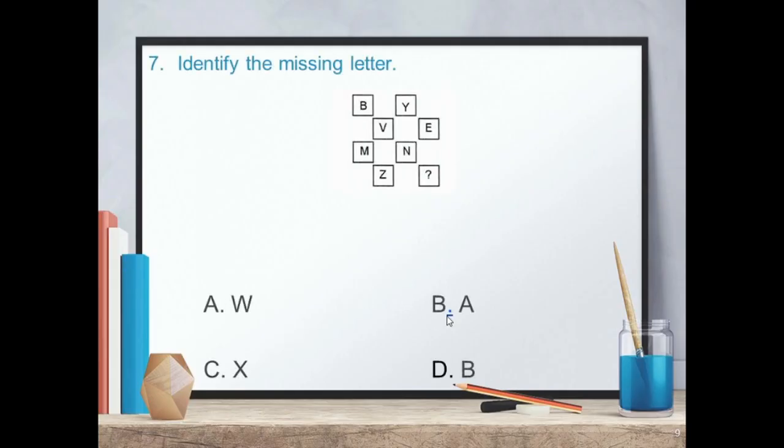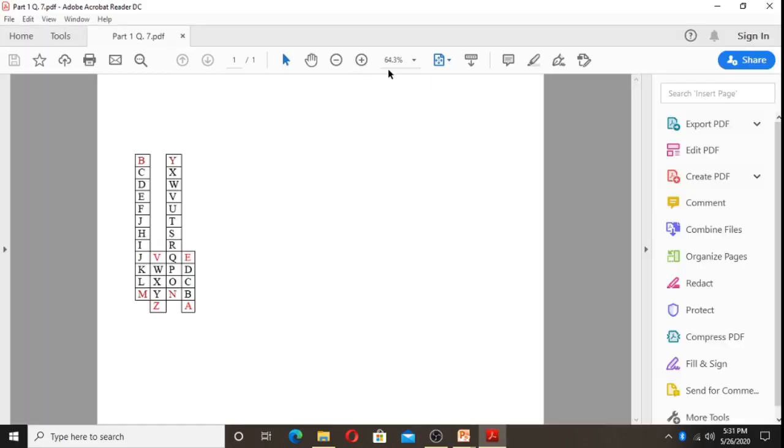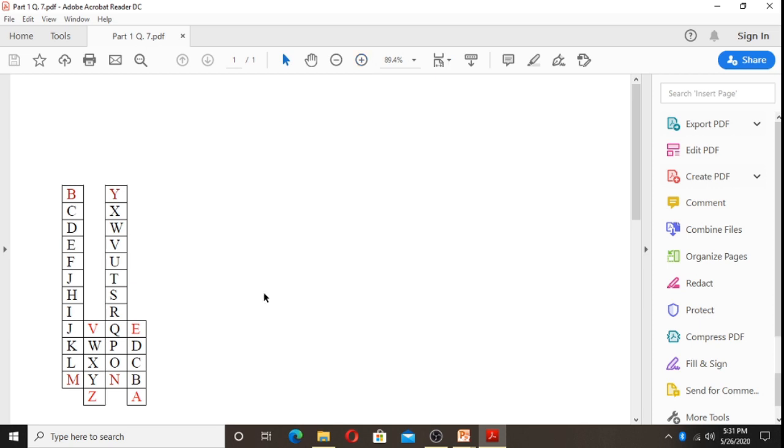We can see the correct explanation for that. See, in between B and M there are the letters 3 plus 3 plus 3 plus 1, that is 10 letters in between B and M. Again in between N and Y there are 10 letters.